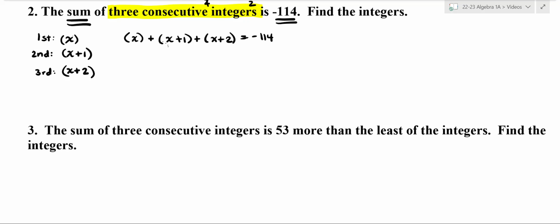Now that you have this, it's just a matter of solving. We have 3 x's, so that's going to give us 3x. And now the constants, this one right here and that one. 1 plus 2 is 3.